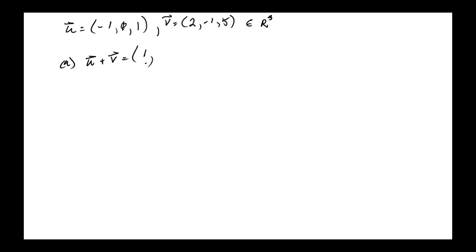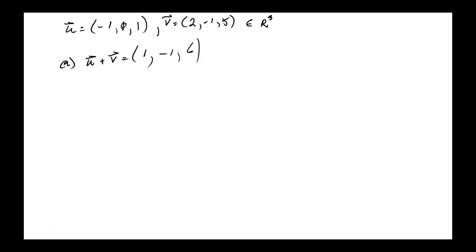Second component: 0 plus -1 is going to be -1. And 1 plus 5 is going to be 6. There is the sum of those two vectors.